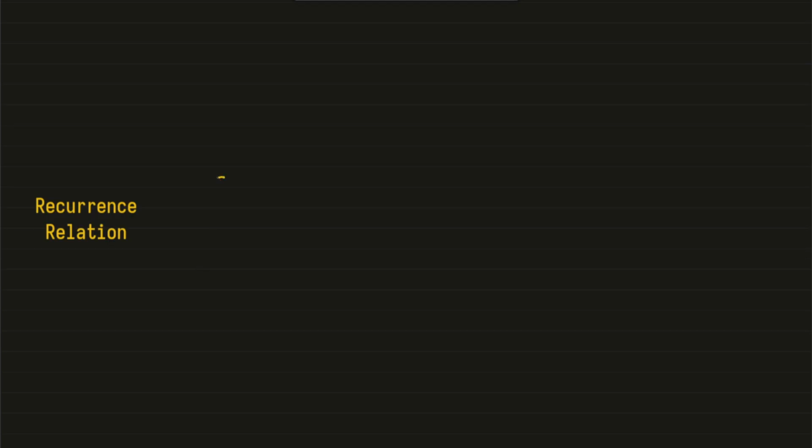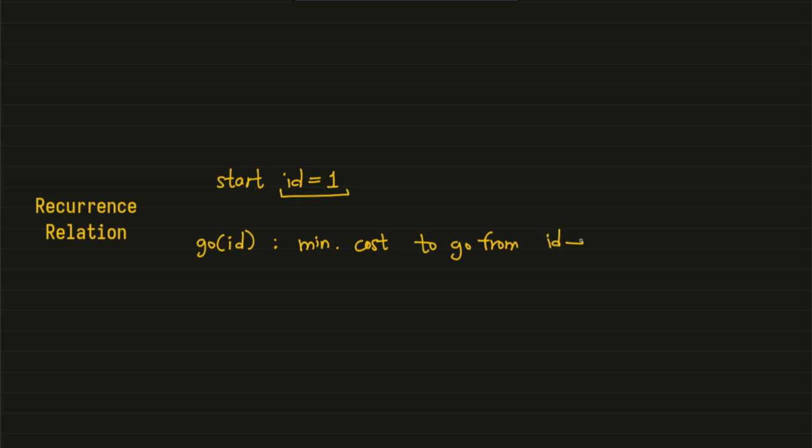So we started from some index id equals to 0, id equals to 1, starting position of the frog, and let's say go of id denotes the best possible answer or minimum cost to go from id to n.